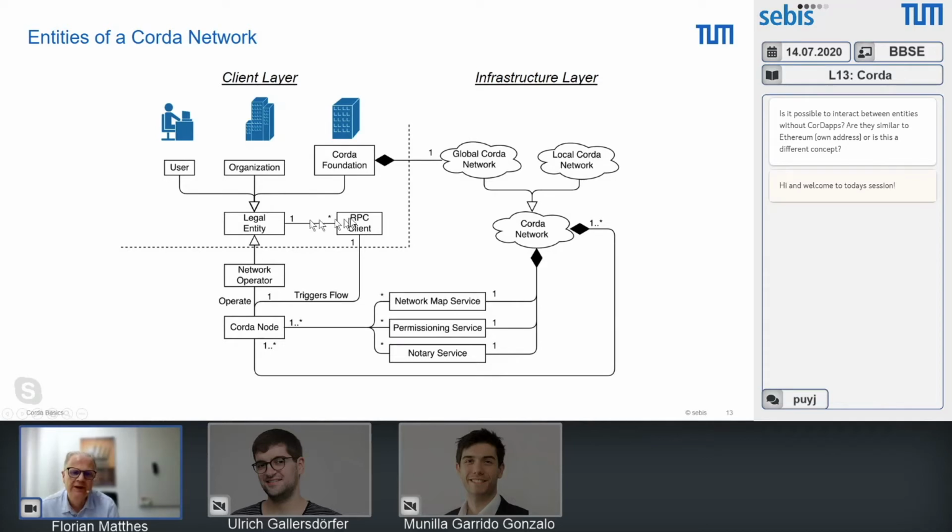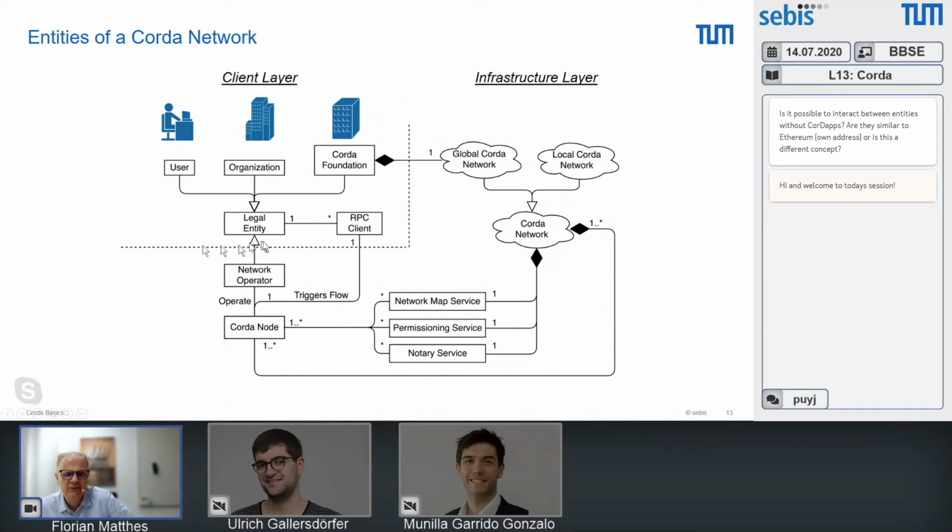You can use multiple of these clients concurrently as one entity, but each of these clients can only run on behalf of one legal entity. These cardinalities tell you a lot about the constraints: it's always clear which legal entity made some request. So later on, if you look at the ledger, you always know which legal entities did what. Deutsche Bank sent money to this user, or the Corda Foundation signed this contract, etc.